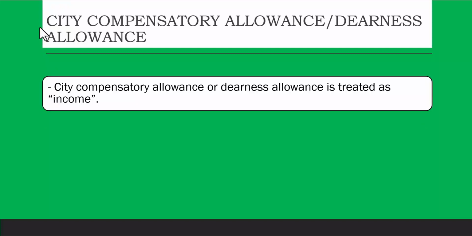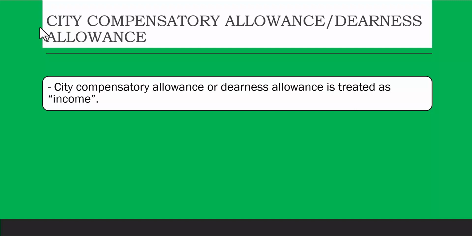City compensatory allowance or dearness allowance is treated as income. Suppose you are staying in a place, okay? The company may say that we are going to give you a city compensatory allowance. For example, when I was staying in Delhi, I was transferred to a very remote place in Maharashtra. So I got 3,000 rupees as city compensatory allowance.